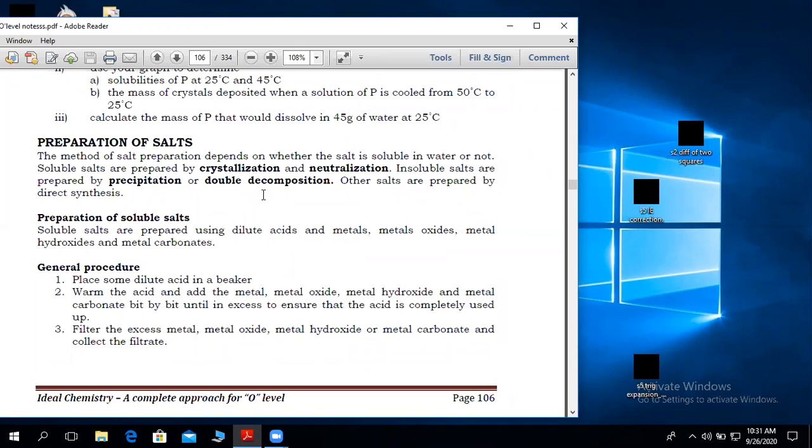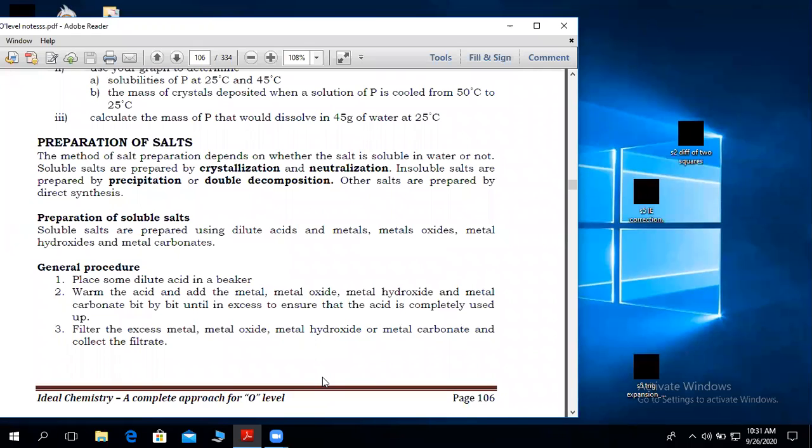So make correction. Go to your questions now. The most favorable salt for using direct synthesis or direct combination is iron 3 chloride.